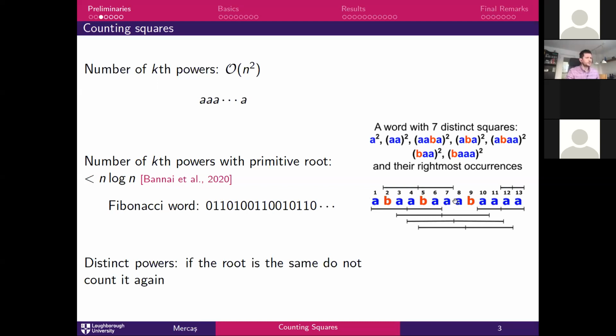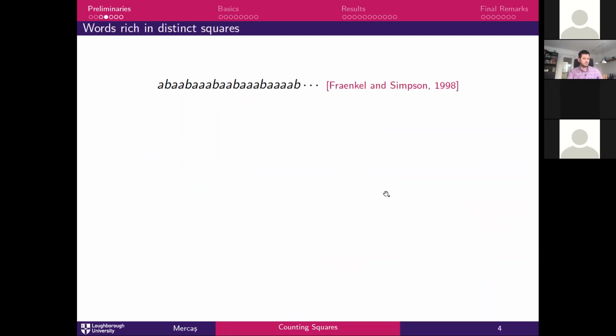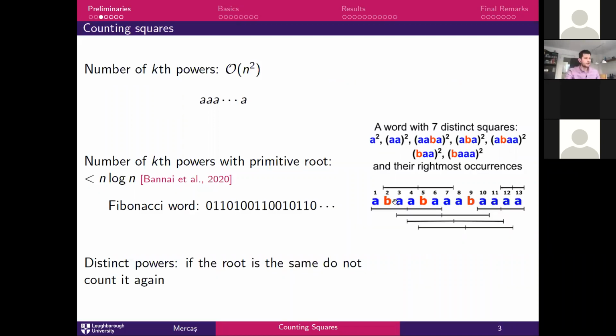If I take this word over here, I have in it the square AA, for example, appearing over here, and AA also counted here at the end.